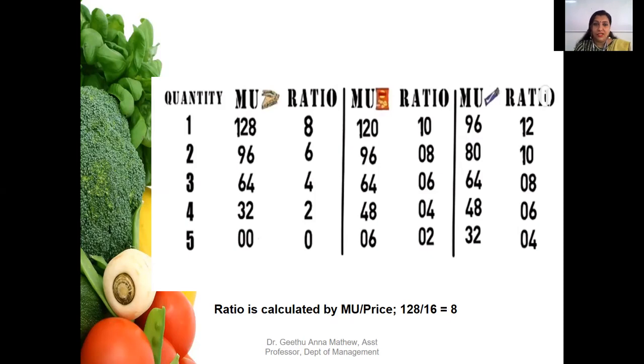So 128 divided by 16, 96 divided by 16, and like that we get the ratios. Same here, 120 divided by the price of the chips, that is 12 rupees. The ratio of chocolate is calculated by 96 divided by 8. So now we have the ratios.